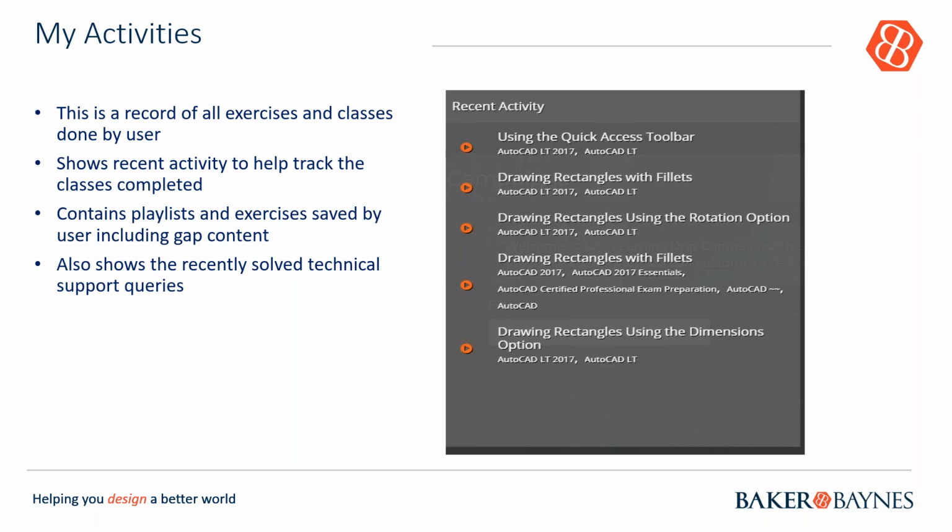So the user gap, just a reminder, is just that space between one software version and another, or the period of changes between one software version and another. So with my activities, you can also save all of the ones that you would like to look at, maybe AutoCAD 2017 to 2020, Revit LT 2017 or 2018 to 2020. So those are playlists and exercises that will also show on my activities.